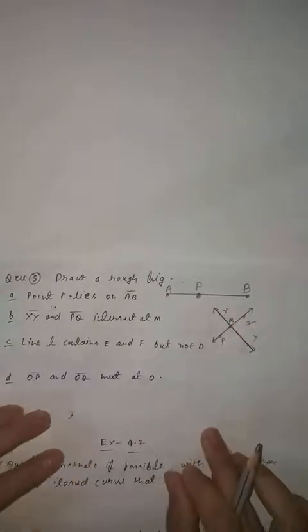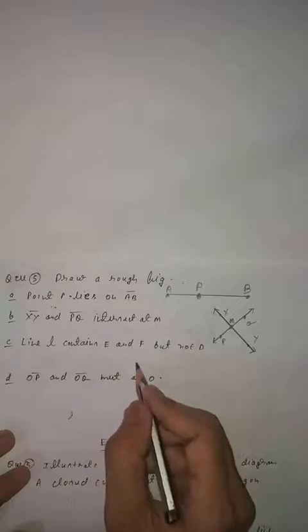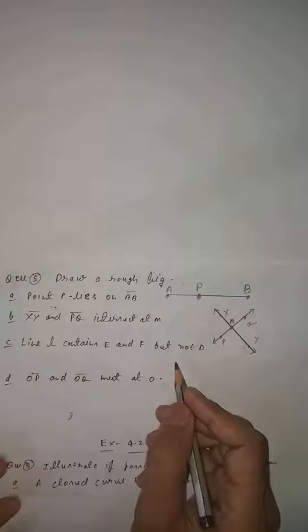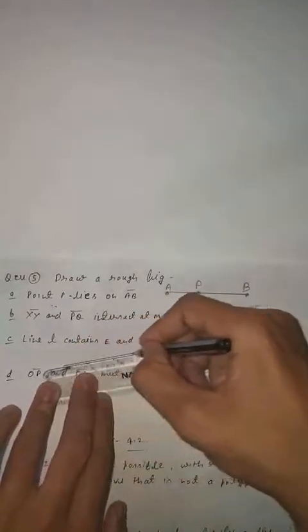Clear, students? Now the next question is, line L contains E and F but not D. Clear, students? So first we will draw a line. You can draw a line like that.